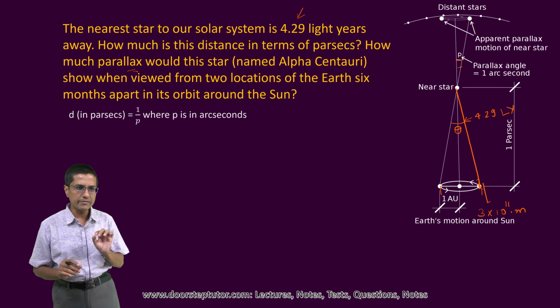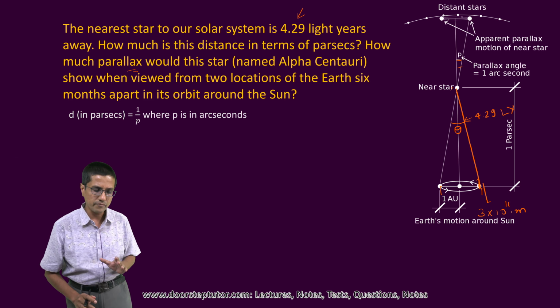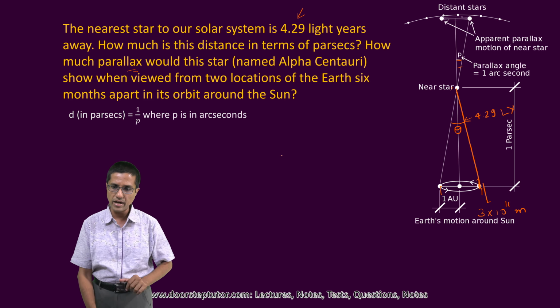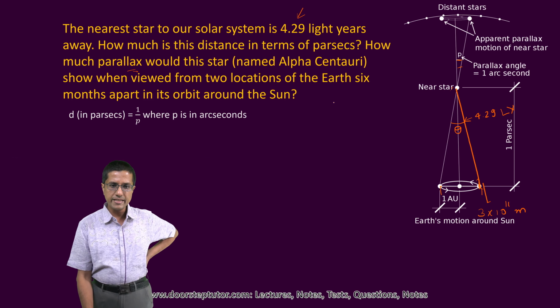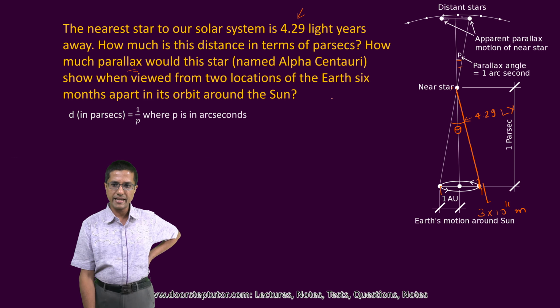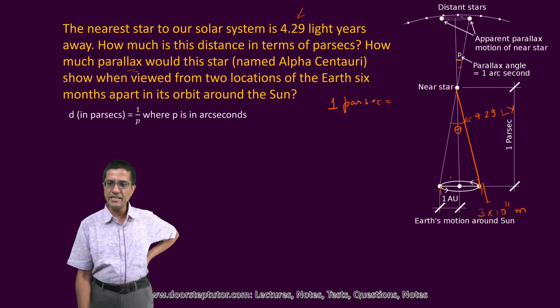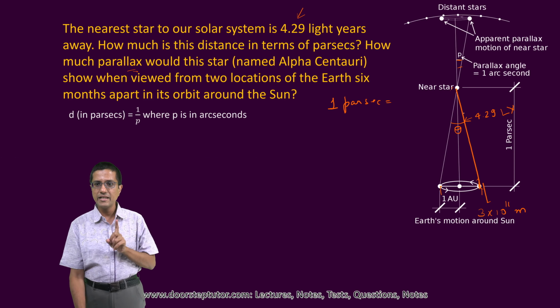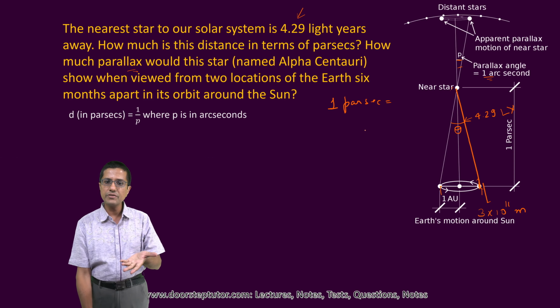And a few things we have really understood from our discussions so far. See, the definition of 1 parsec: we already know it is the distance between the star and the sun if this parallax angle is 1 arc second. So that is 1 parsec.